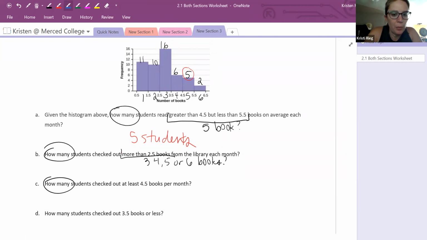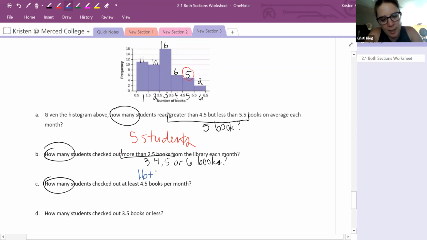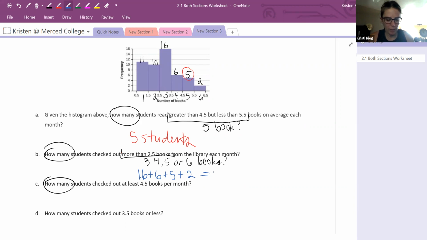I see that 3 has 16. 4 has 6, 5 we already said was 5, and 6 had 2 students in it. And so those are the numbers that I'm going to add up to get my total number of students. So 16 plus 6 plus 5 plus 2 equals 29 students.